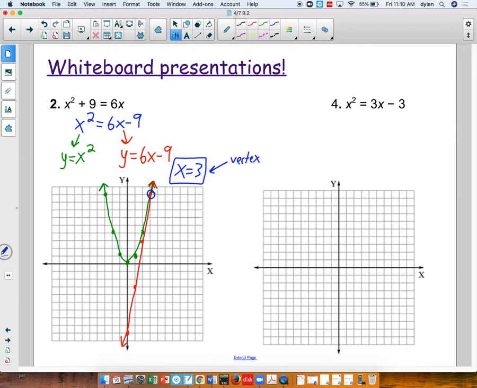Now, the second example here is really the one that demonstrates why method 2 can be really nice. So for this example, we already have x squared isolated, so I'm going to graph y equals x squared, just like before.